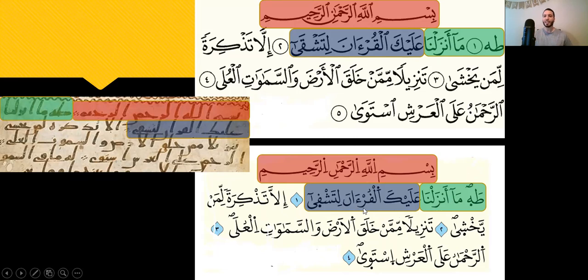طه ما أنزلنا عليك القرآن لتشقى. It's the exact same thing, except that in this instance, it was divided into 2 when it was recited. That's how the qira'ah was. It was divided into 2. And the second qira'ah, this was read in 1 shot.